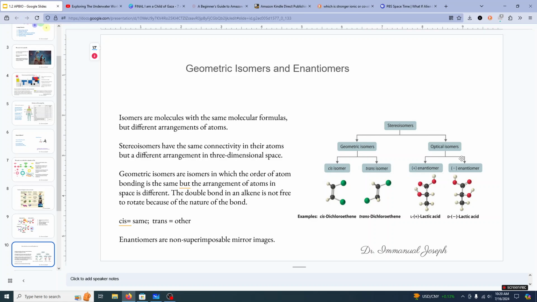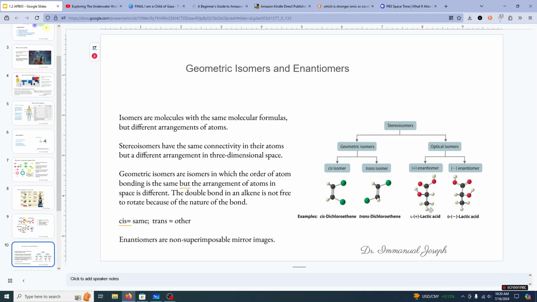And then we have optical isomers. We call these enantiomers. Here we have a picture of lactic acid. We have L-lactic acid, levolactic acid, and dextrolactic acid, D-lactic acid. So what you're seeing here is a representation of lactic acid as mirror images of each other. If you take your hand and place it in front of you, you'll see that your two hands are exactly alike, but you cannot superimpose them.